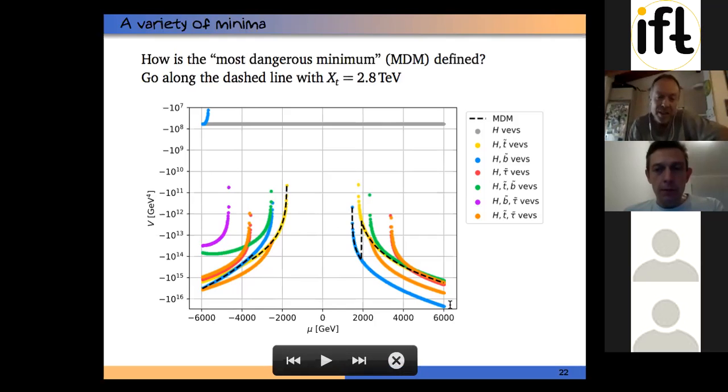I have to say, I'm a bit more surprised why this one that has 3 fields is deeper than this one that only has 2, because especially the stop and stau don't talk to each other.